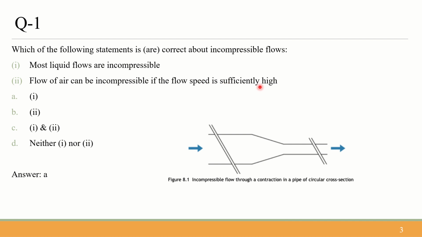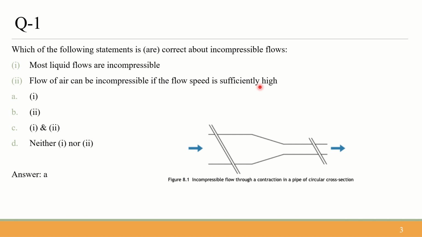In the last week's class itself, we saw how to connect compressibility with the fluid flow speed. It is obtained using the Mach number. Mach number is nothing but the local flow velocity divided by the speed of sound in that particular medium. If Mach number is high, we call it compressible. If Mach number is low, we call it incompressible.